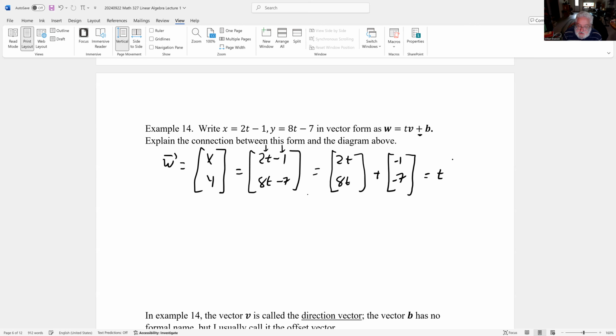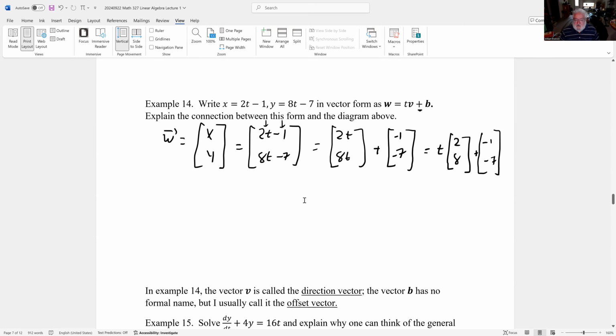So I get t times 2, 8 plus minus 1, minus 7. So that's a way to write a vector, right? Write this parametric, that's a way to write a parametric line, right, as time times a direction vector plus what I call an offset vector. It doesn't actually have a formal name.